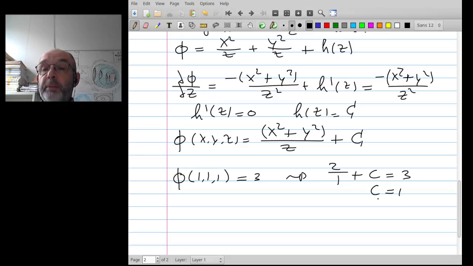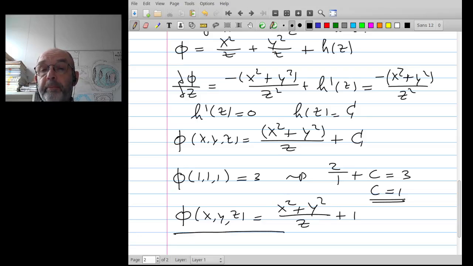So our c becomes equal to 1, and we have our potential going through that point with the value which is given there. So we have x squared plus y squared divided by z plus 1. Here we have our potential.